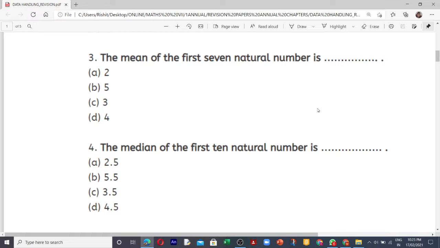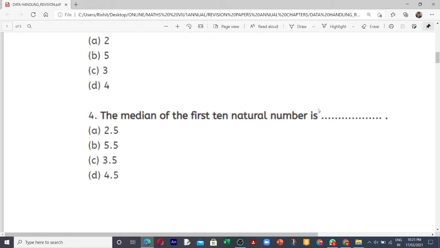So is the median for even or odd? You know it. Do it, children. Answers have come, children. Come on.